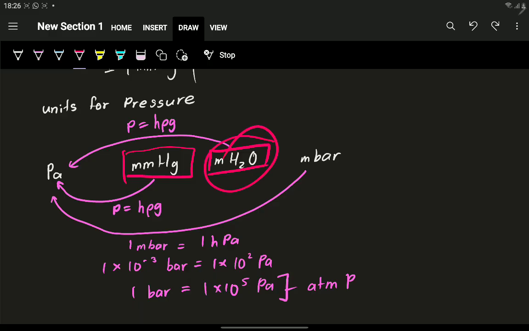And in meter H2O, it means that 1 meter in the water is 1 meter H2O. That is the pressure, so P equals rho g h. We can convert it into Pascal.